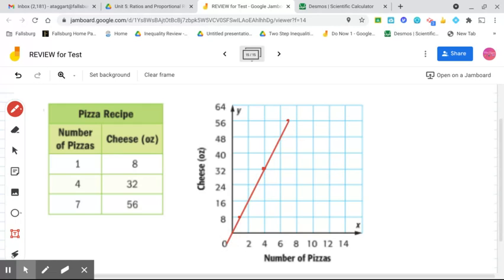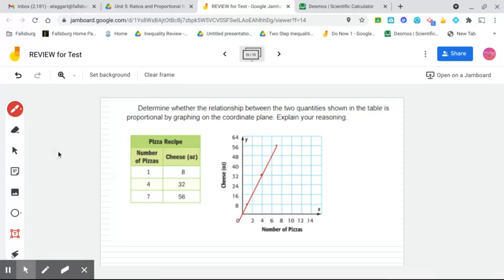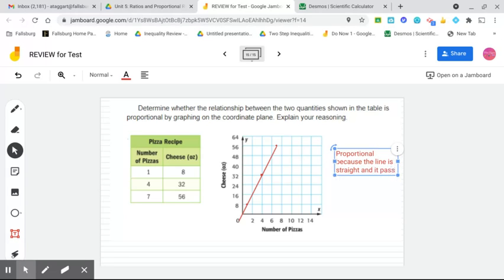So I can see that my line is lined up with these points and that it goes through the origin. Remember, the origin is the point (0, 0). So for this question, it's asking if this is proportional. And we're going to say, yes, it is proportional because the line is straight and it passes through the origin.